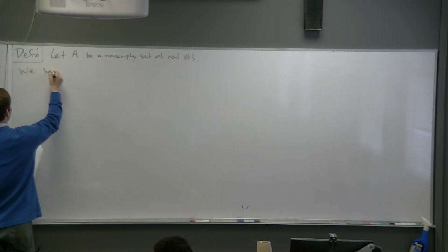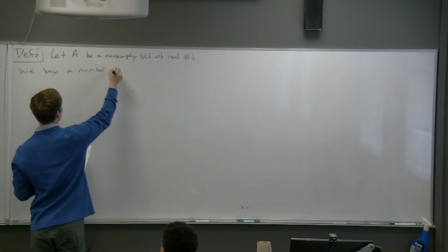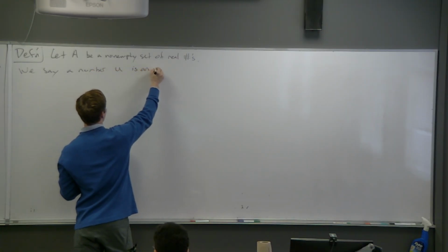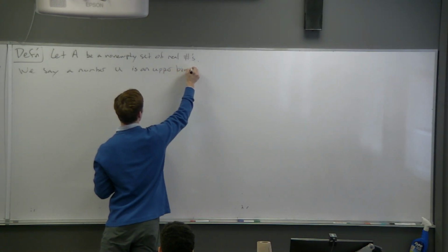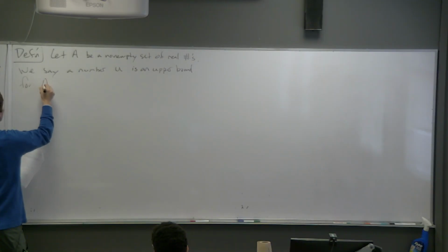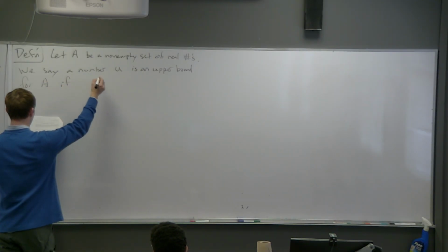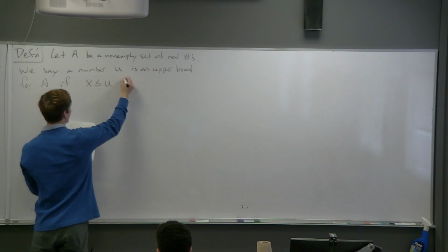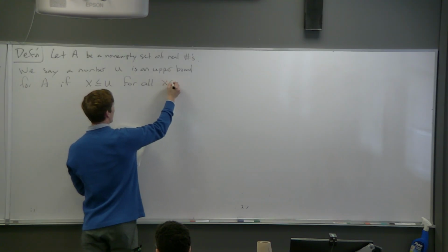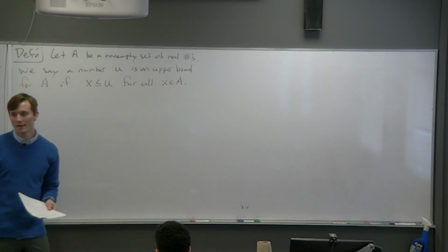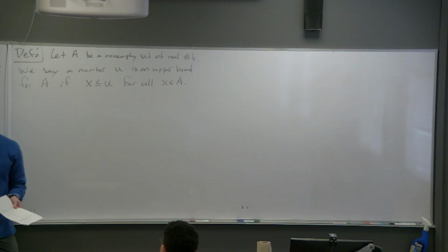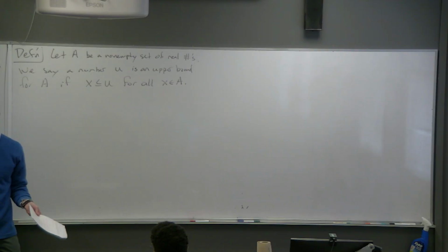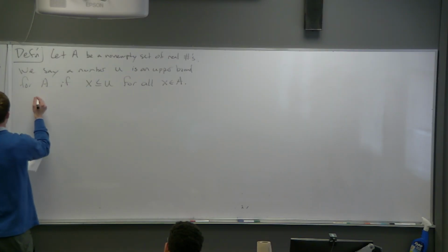We say a number, little u, is an upper bound for A if x is less than or equal to u for all x in A. That is, anything that's bigger than everything in that set would be an upper bound. A set of numbers does not necessarily need to have an upper bound. Consider the set of all real numbers. There's no upper bound, right? Okay. So you don't necessarily have to have one.